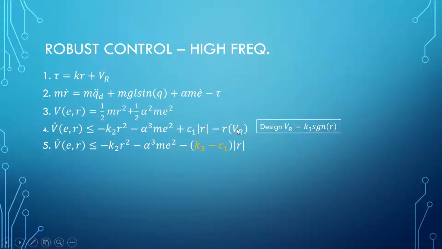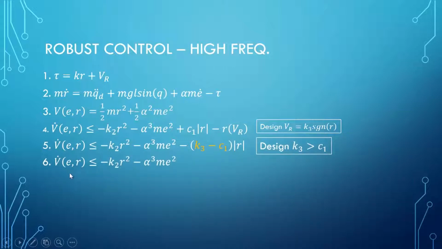The high frequency term multiplied with this R gives you the absolute value of R, and that can be grouped with this bad term C1 absolute value of R. As long as K3 is greater than C1, this term will be negative. Because it's negative, it can be upper bounded by 0 and dropped out, and this makes V dot negative definite, which is really good.